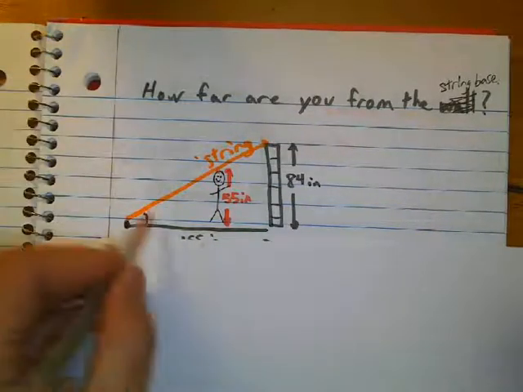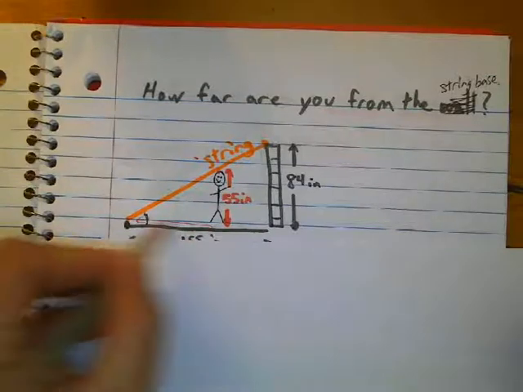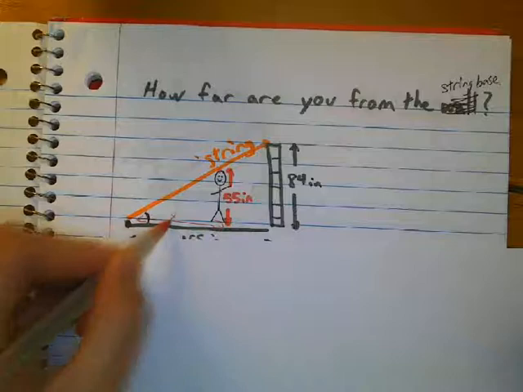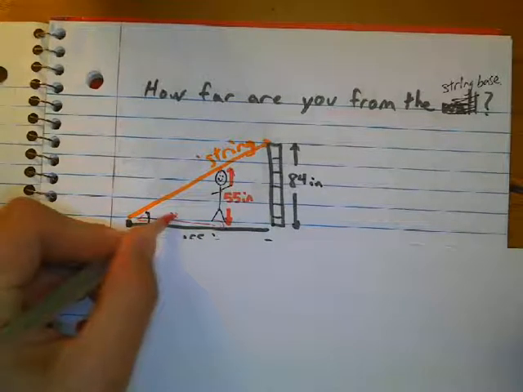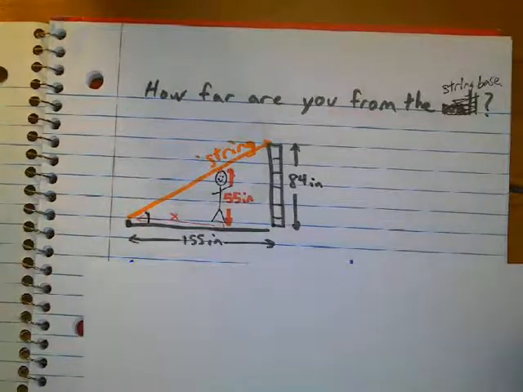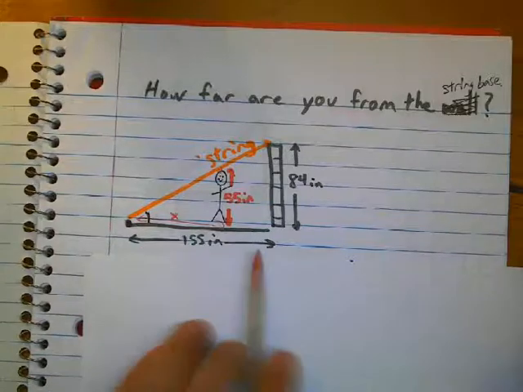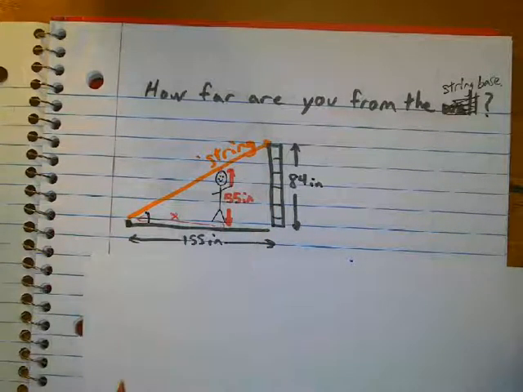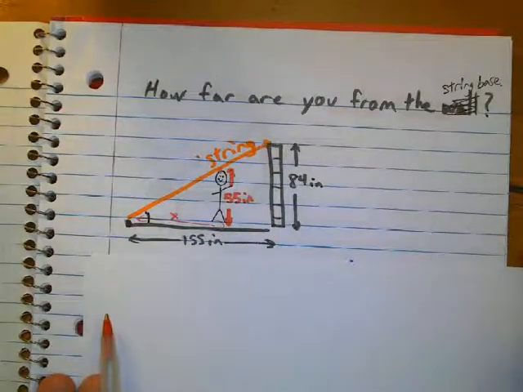And you want to know how far you are to where the string's tied to the ground and where your feet are. Okay, I'm going to call that x, okay? And you're given that this distance is 155 inches, this distance is 84. On your paper, it may be different on the computer.